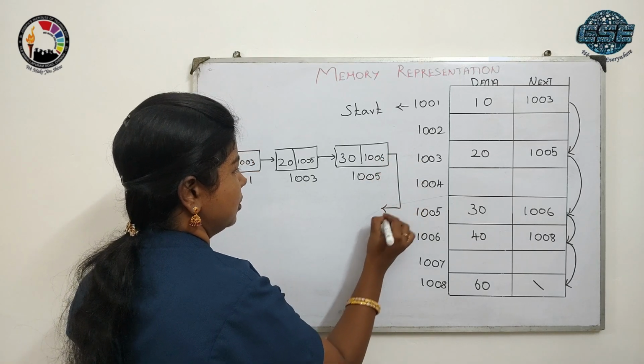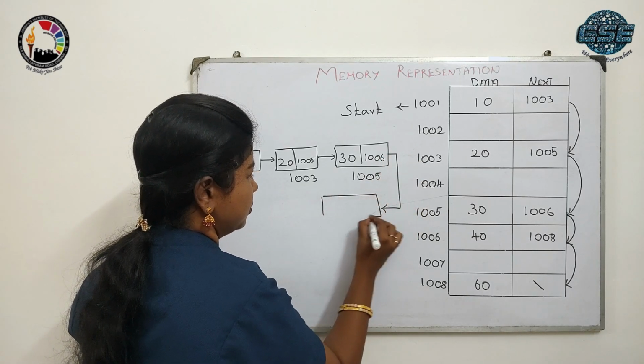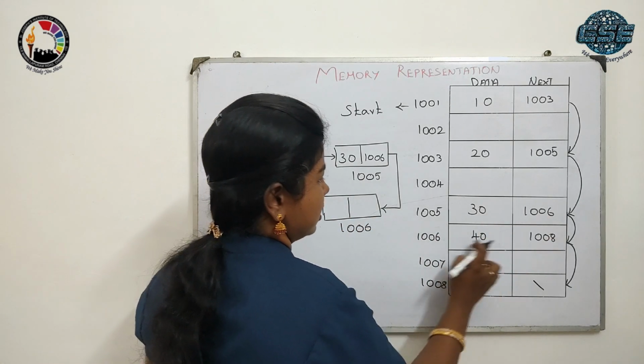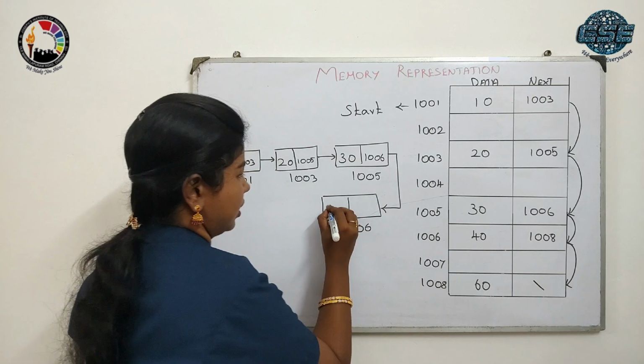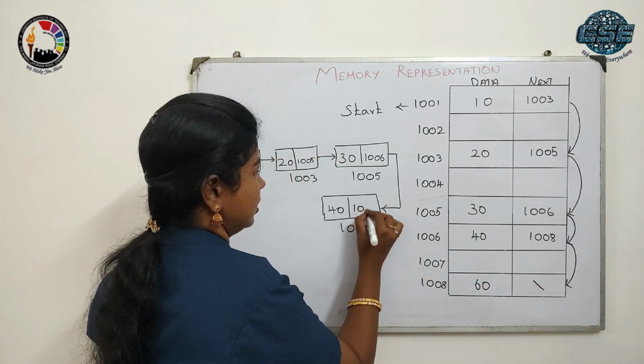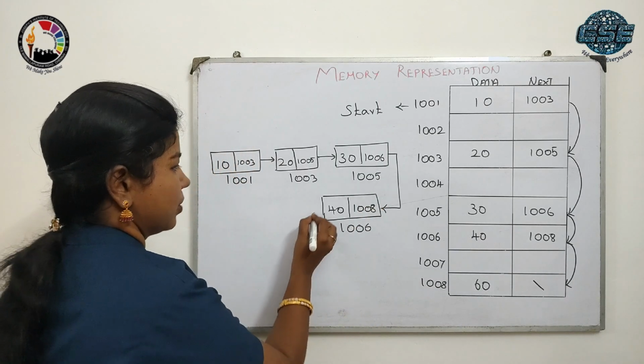So from here we have the node to 1006. At 1006 we have the value 40 and the next node will be at 1008 memory address location.